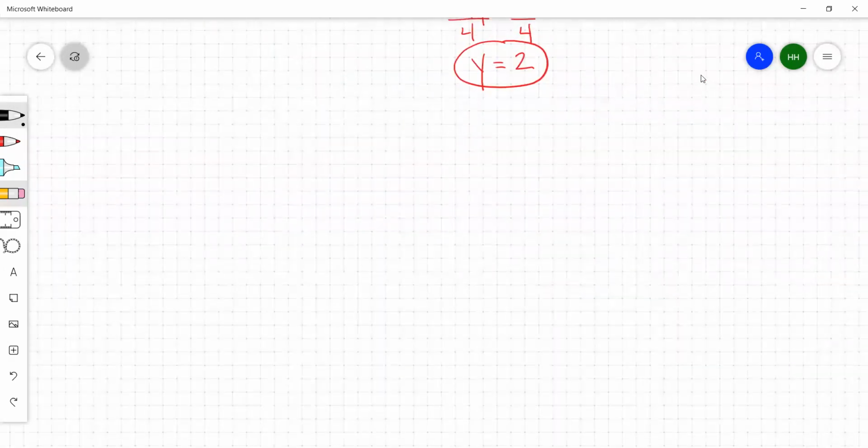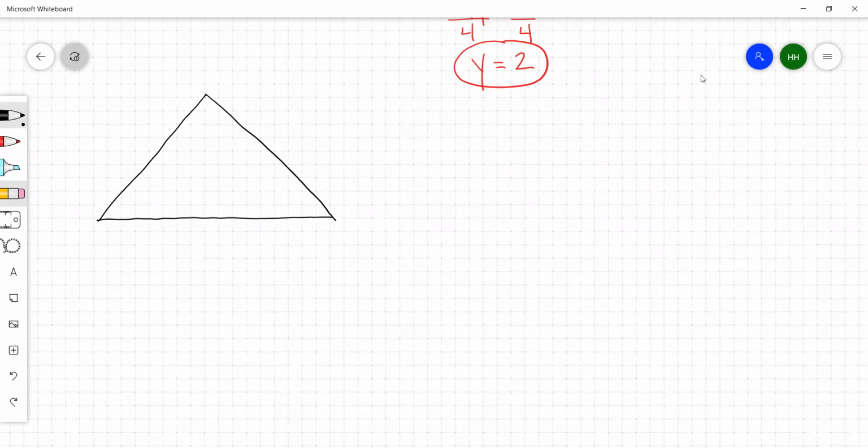Now we've got this picture. The side over here on the left is 4y minus 2. The side on the right is 2y plus 2. We've got an 80-degree angle.